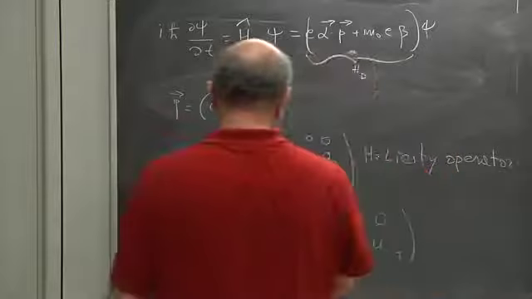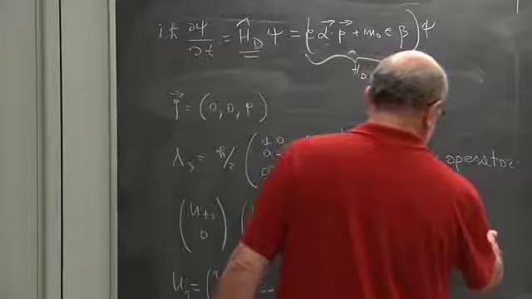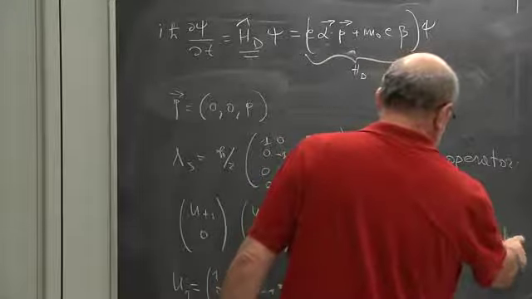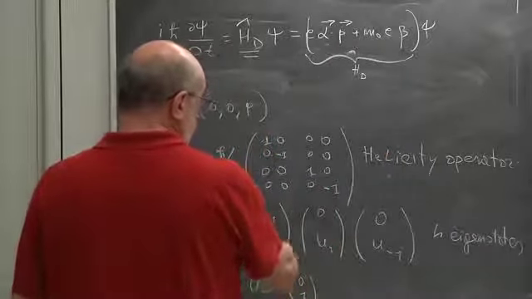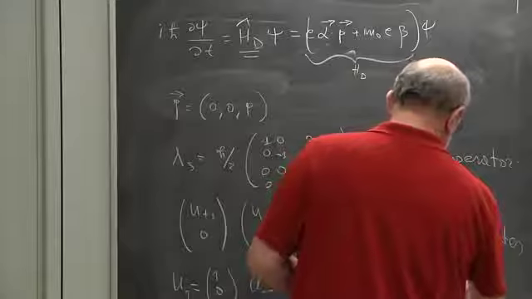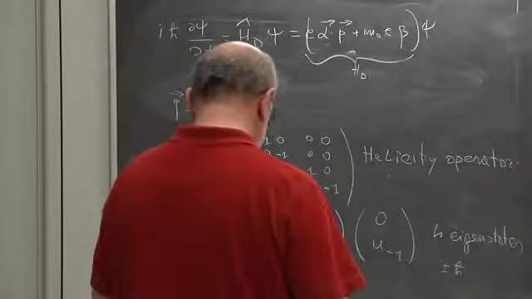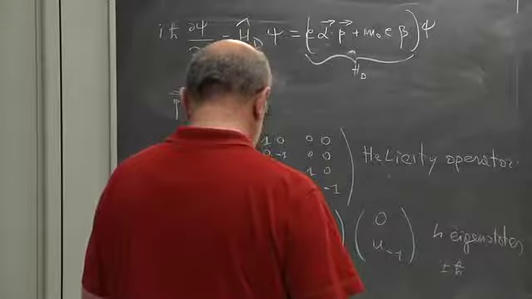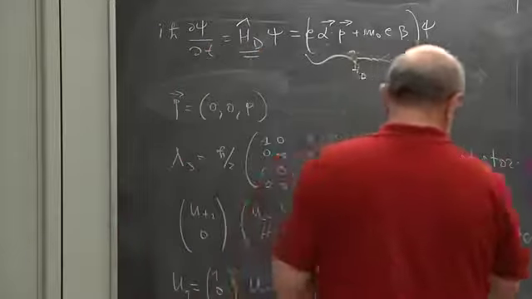Okay, so this is the helicity operator. It has 4 eigenstates of this form, where U1 and U2 and U minus 1 are these. And the eigenvalue of these are plus and minus H bar, or H bar over 2, I think.